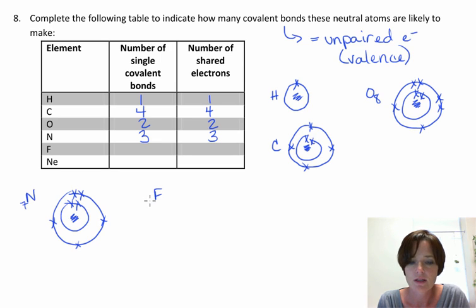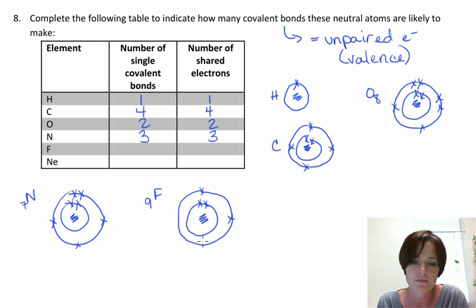Fluorine is going to have an atomic number of 9. So when we draw that one, 2 on the first shell, we have another 7 that we can put on the second shell. And since there's 1 unpaired electron, there's going to be 1 single covalent bond and 1 shared electron from fluorine.